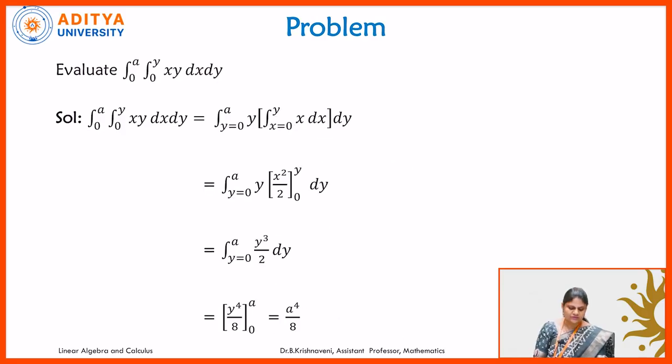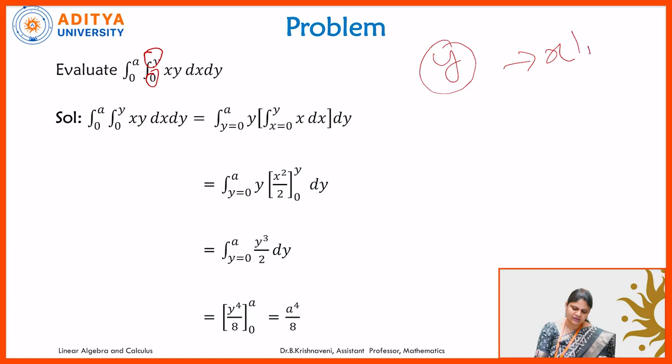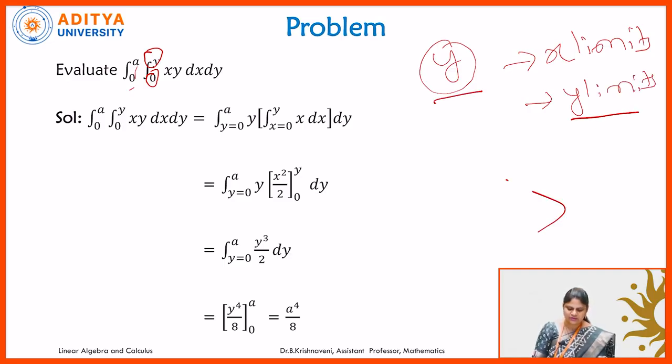Now the next question, which contains variable limits only. Now the limits are in terms of y, which means those are x limits. The other limits, that is 0 to a, are y limits. In this question, x limits are variables and y limits are constants.